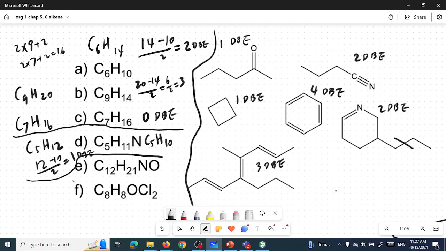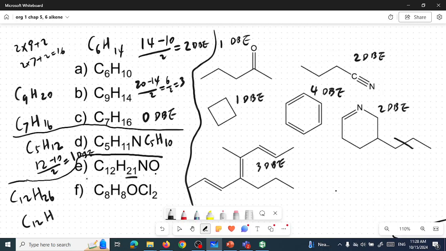Now let's look at the E, C12H21NO. First of all, you're only going to solve based on the number of carbons, to figure out the saturated version of this molecule, which would be 24 plus 2, which is 26. The effective number of hydrogen here is only 21 with the nitrogen and with the oxygen. So the actual molecule is C12.